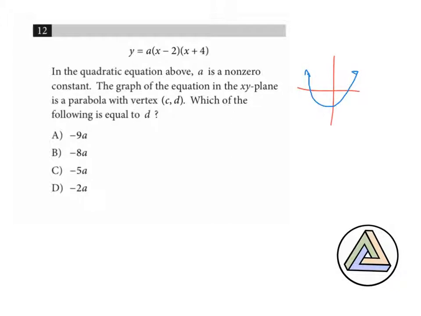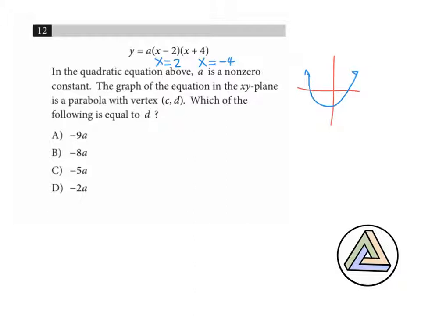Now, how do I know? Because this first parentheses tells me that y is 0 when x is 2, and therefore the point (2, 0) is an x-intercept, and this parentheses tells me that y is 0 when x equals -4, and therefore the point (-4, 0) is indeed an x-intercept, which is over here.